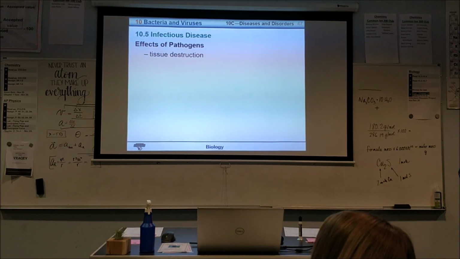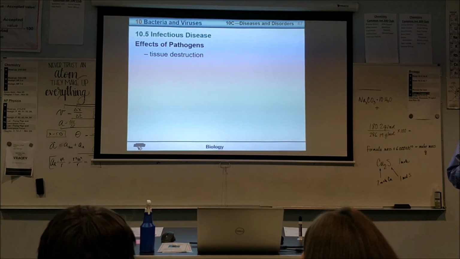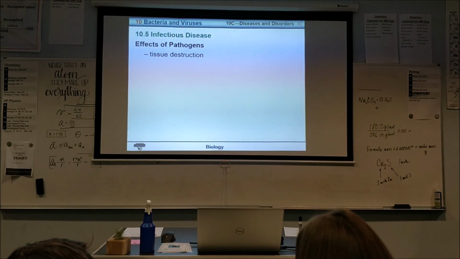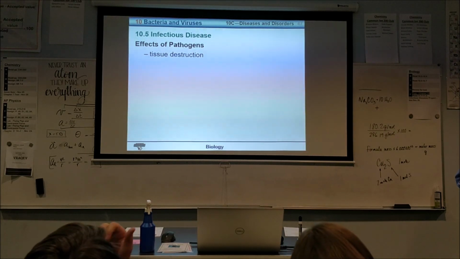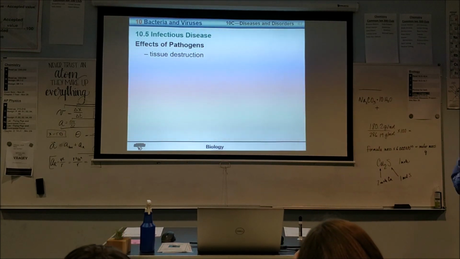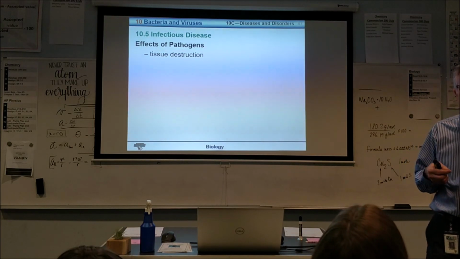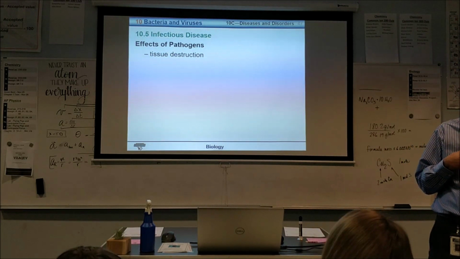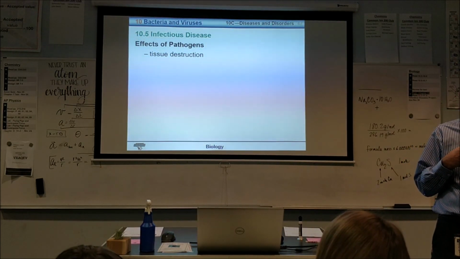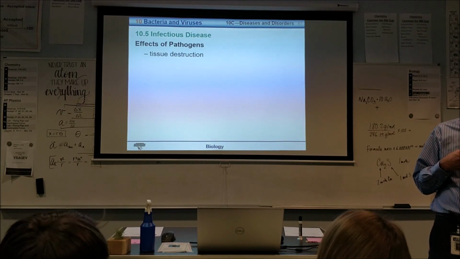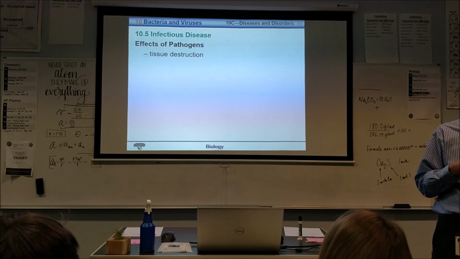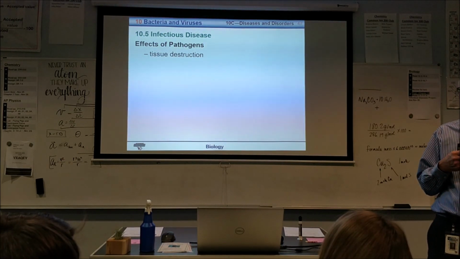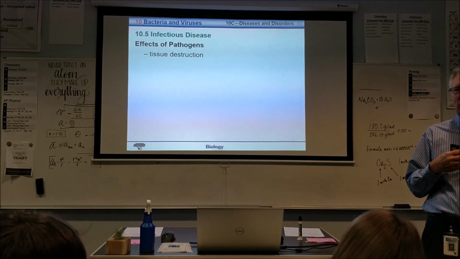Now, if you get these pathogens into your body, what effect do they have? Well, some of them will begin destroying tissue in your body. Some of them will attack your lungs. Some of them, like the bacteria that cause stomach ulcers, actually eat holes into the lining of your stomach.